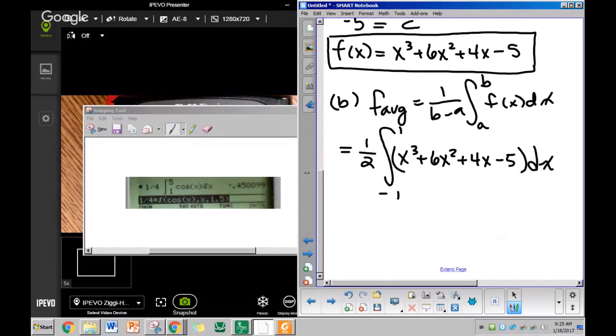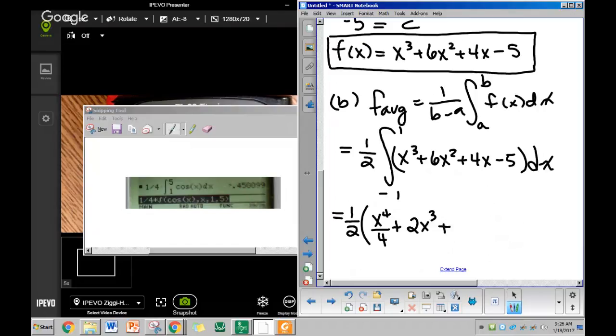Can we do the antiderivative of that? Sure. Raise the power and divide by it, so x to the 4th over 4 plus, I guess it'd be 6x cubed over 3, so 2x cubed, because you're raising the exponent and dividing by that same exponent.